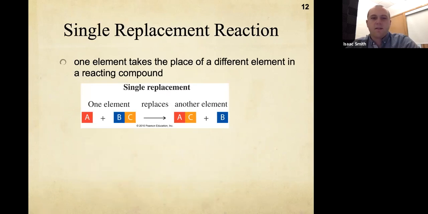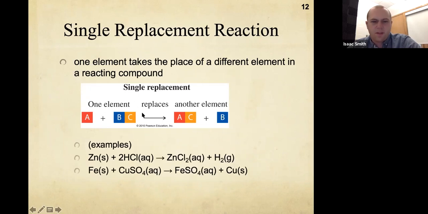And then for the single replacement reaction, you basically, A joins up with BC and then knocks off one of these two, right? In this example, A joins here and knocks off B, and so you get AC plus B. So these ones are a little, hopefully you can see them pretty easy. They start with 2 and end with 2 products, so that's one way to notice it.